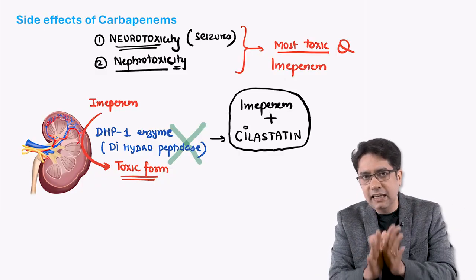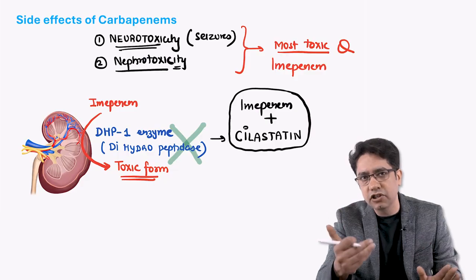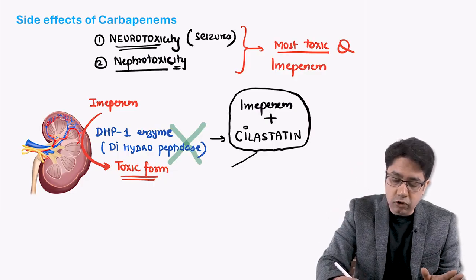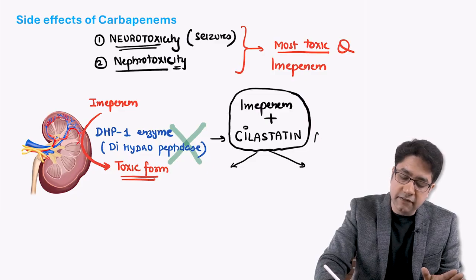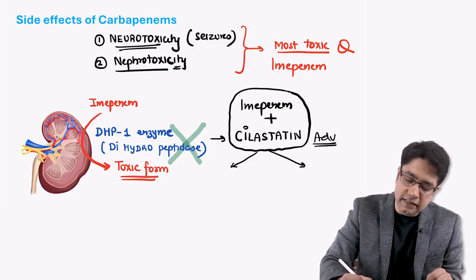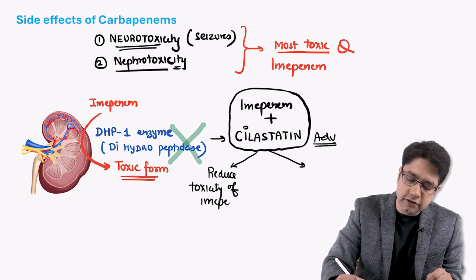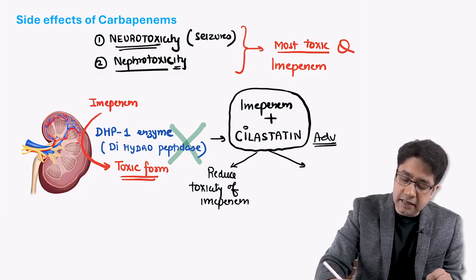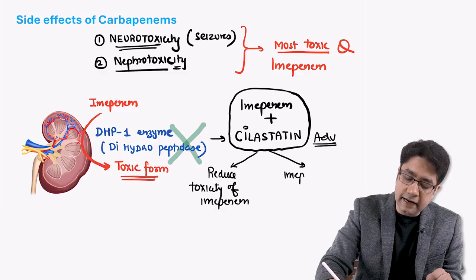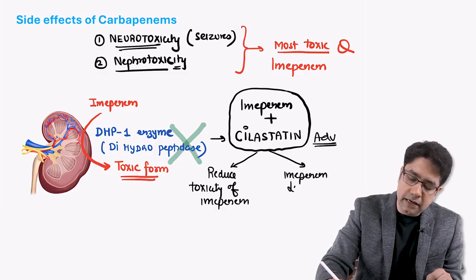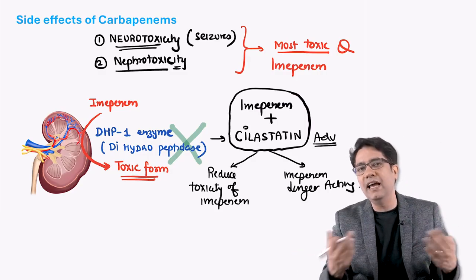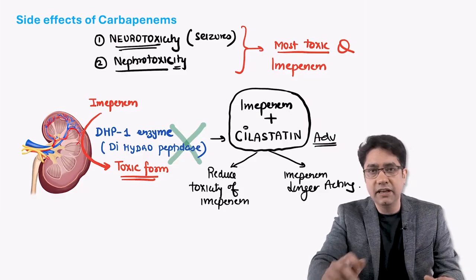Can we say cilastatin prevents the conversion of imipenem into the toxic form? So the great advantage of combining cilastatin is that it reduces the toxicity of imipenem, like nephrotoxicity, neurotoxicity, plus it also makes imipenem longer acting, because it will not be converted into any other form. So this is a very important point.